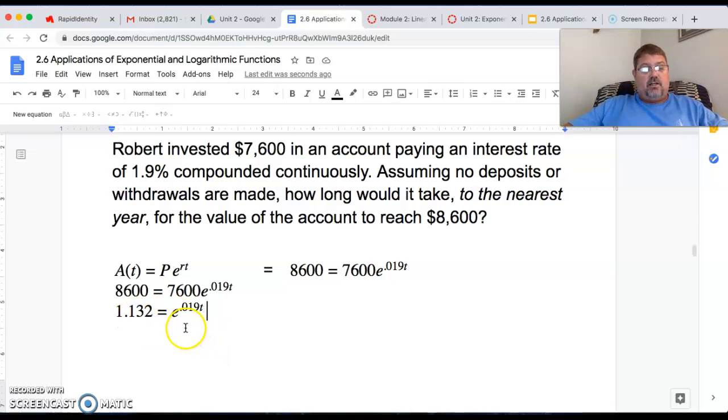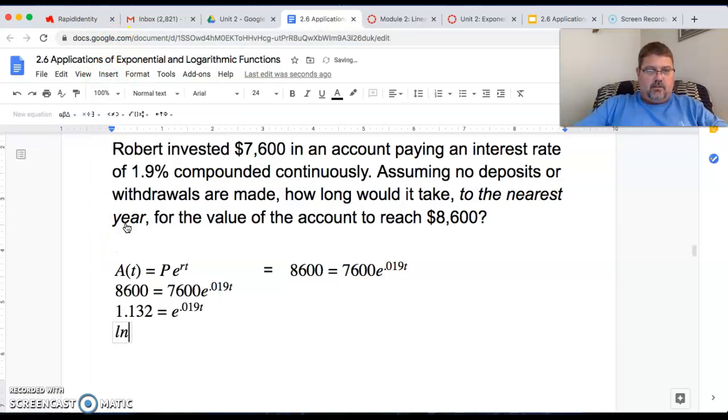Okay. All right, so this one's going to be a little bit easier than the others, actually, because you're going to take the natural log of both sides. And the reason you want to do that, because natural log is base e, and that's going to drop this down immediately for us. So your next line reads this.